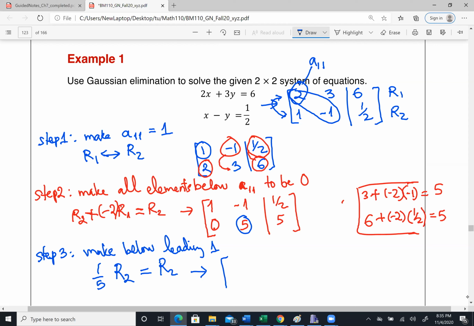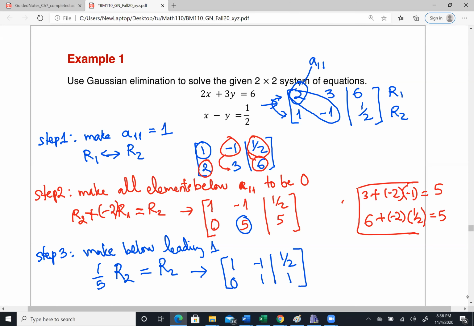So I will have 0, 1, 1. 5 multiplied by 1/5 is going to be 1. And then now you are having the row echelon form here.